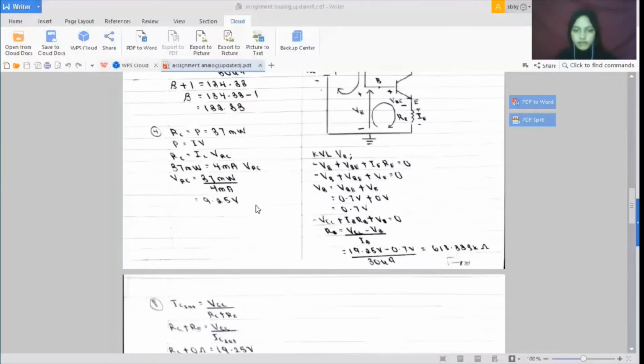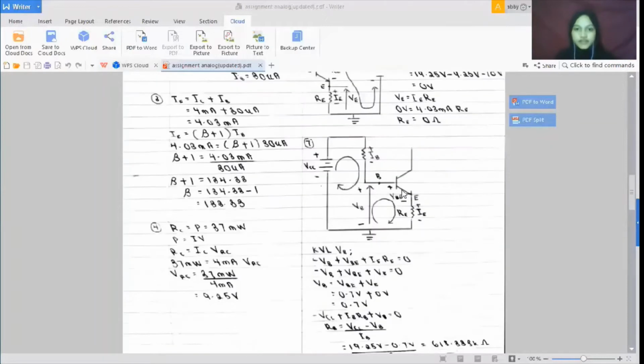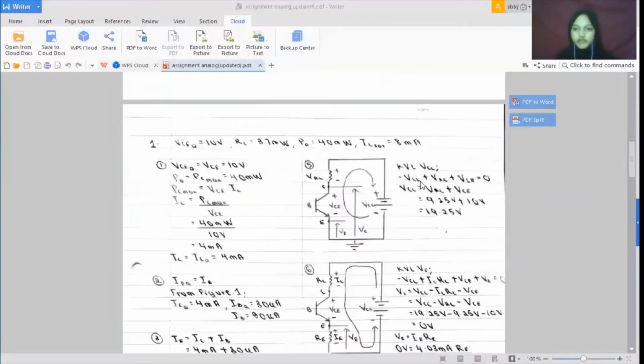Next, we are searching for the value of VCC. We will be using this circuit to find our value of VCC. The direction on this diagram is actually wrong.